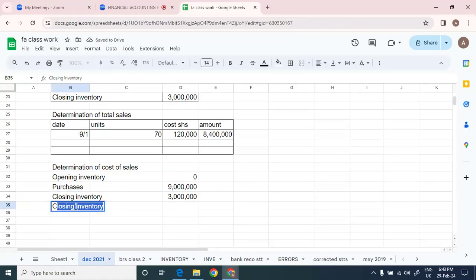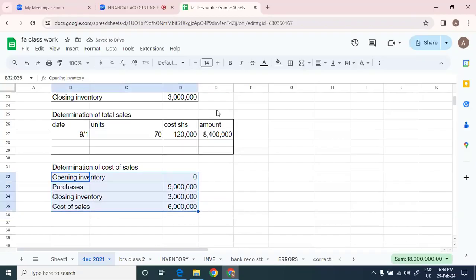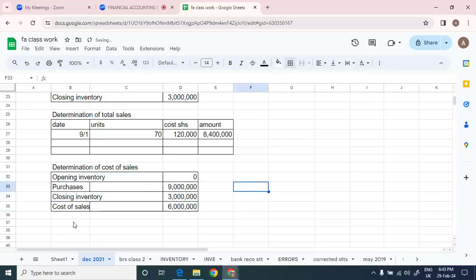Therefore, our cost of sales is going to be 9 million minus 3 million. We get 6 million. I also put it in a table, and we are done with this.